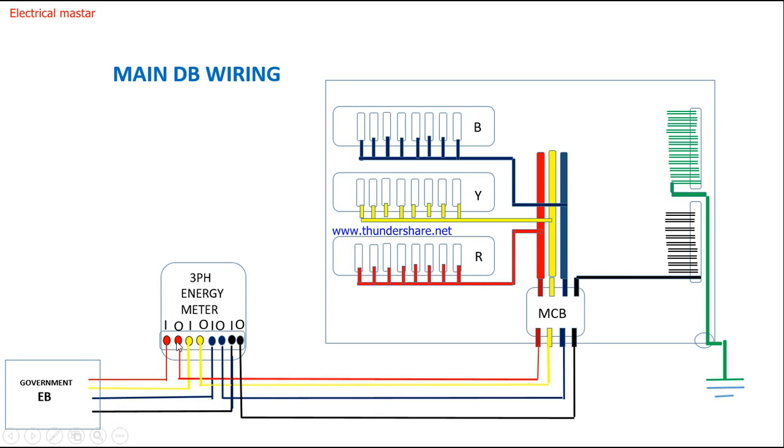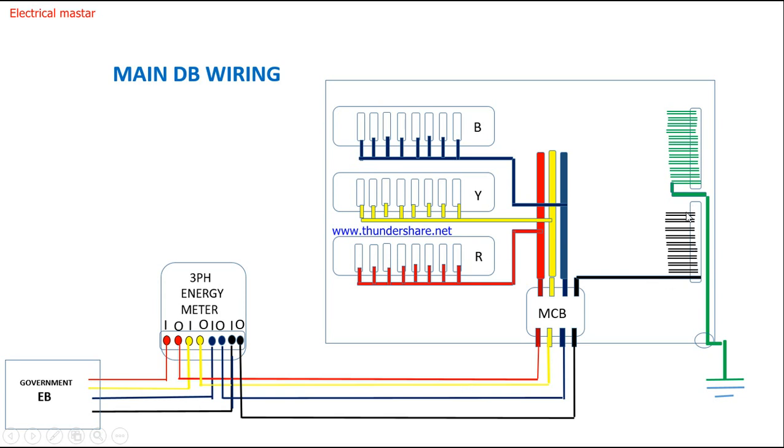You can see here 4 incomers and 4 outgoing. From the R phase, incomer is connected and out is taken. Y phase in is connected, out is taken. Blue phase in is connected, out is taken. Similarly neutral. All the outgoing RYB supply will be connected to the 4 pole MCB and neutral will be directly connected to the neutral bus bar.